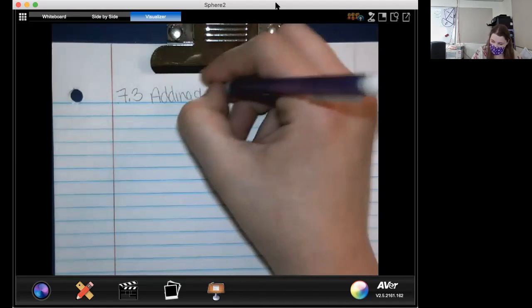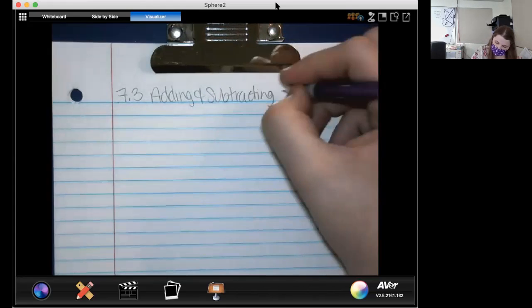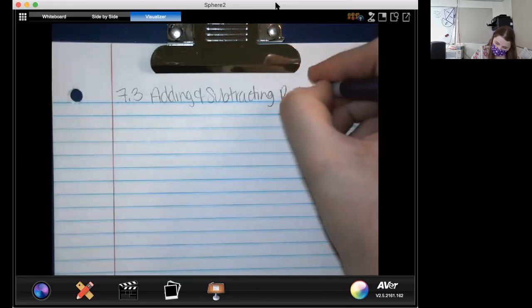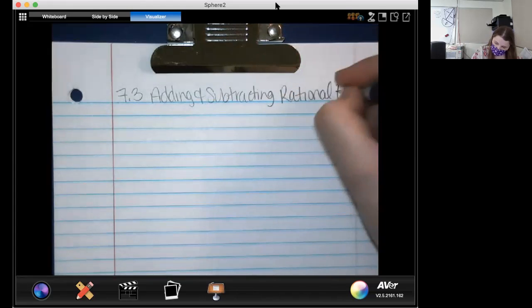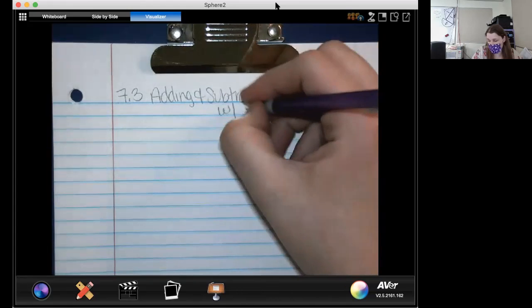So again, we are adding and subtracting rational expressions. And this is with a common denominator.